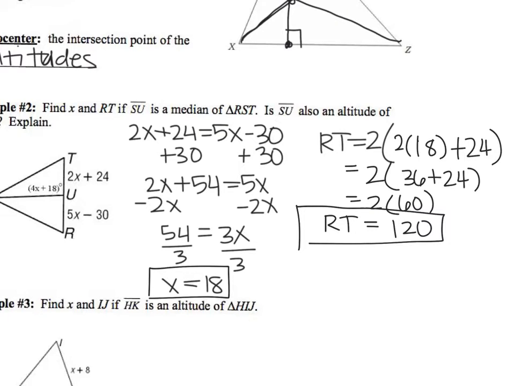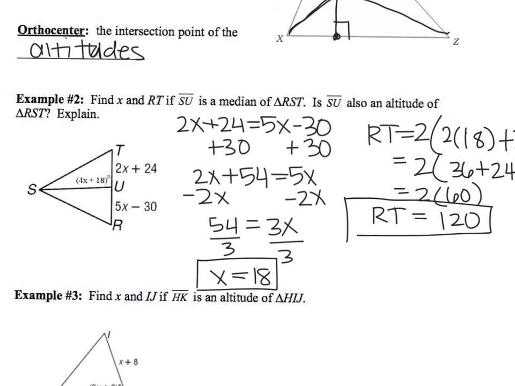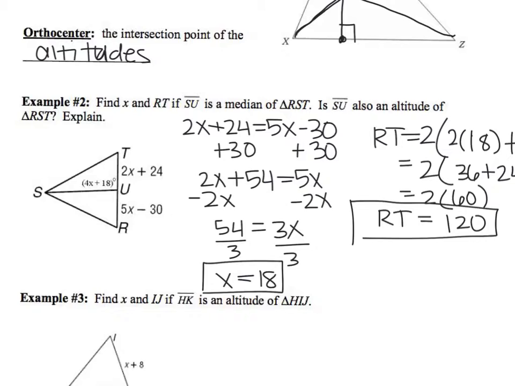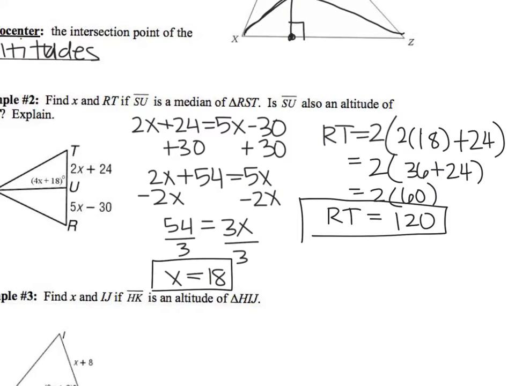So we found 2 things in our problem. Next, we want to know if SU is an altitude. So remember, an altitude happens when it meets the opposite side at a 90-degree angle. So I have that the angle SUT is 4x plus 18. So if I plug in x for that and I get 90 degrees, I know that SU is an altitude. So we plug in 18 for x. We get 4 times 18 plus 18.